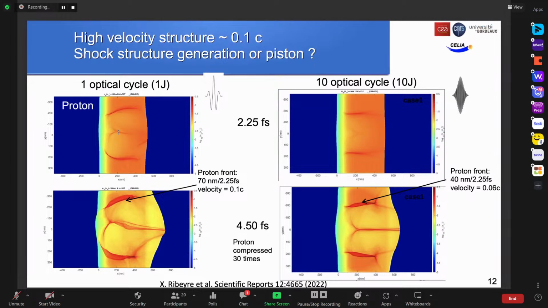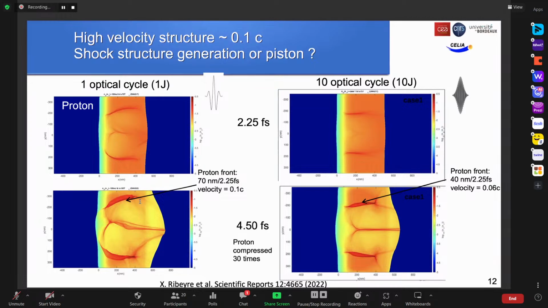This is at two different times. I showed already that the laser is going to carve an electron channel void of electrons, and large amplitude transverse electrostatic fields will accelerate the protons transversely. And we see the accumulation of density that is happening on the side.